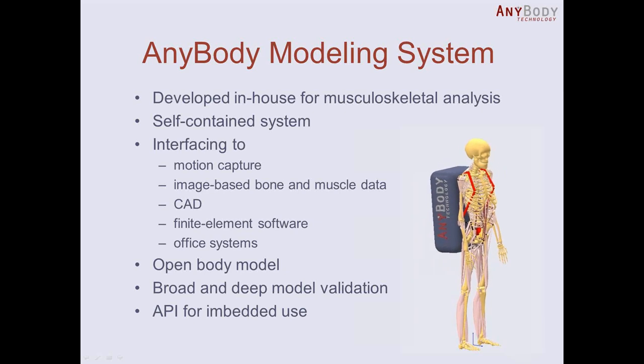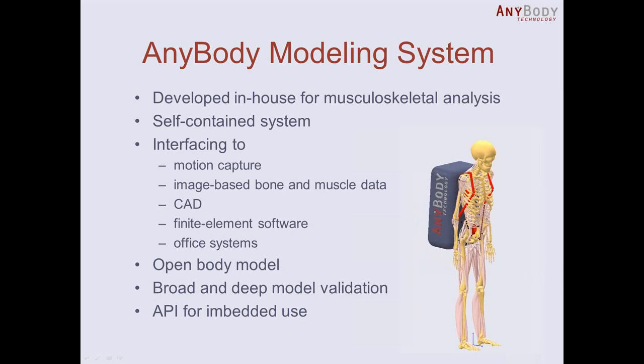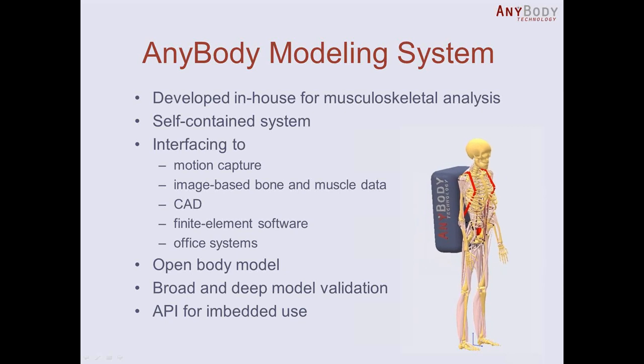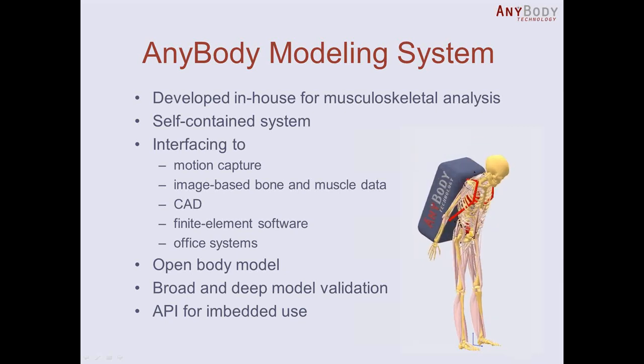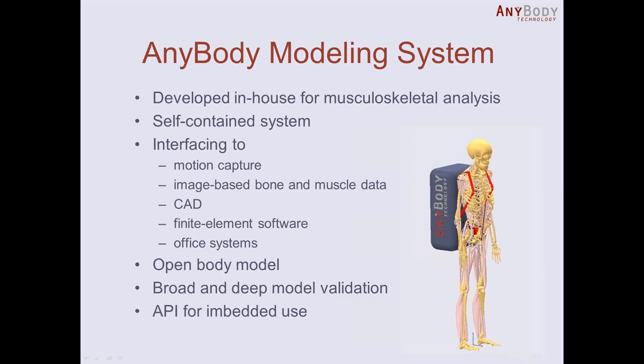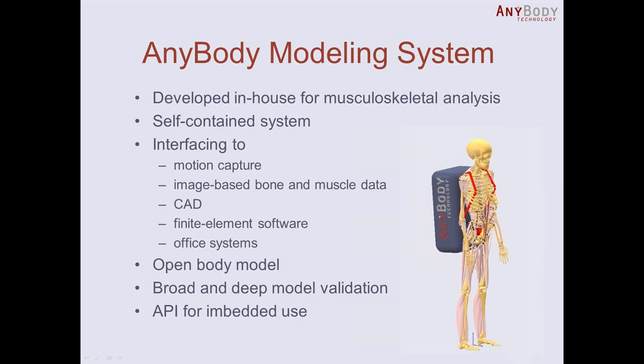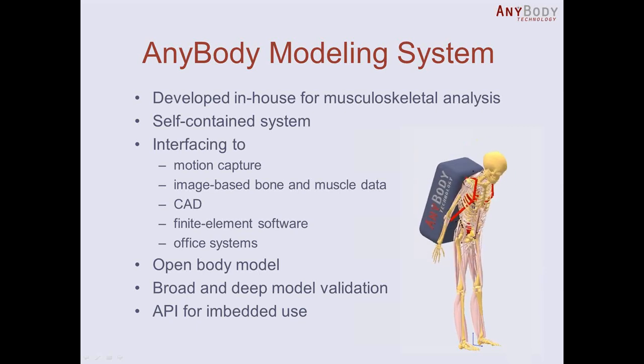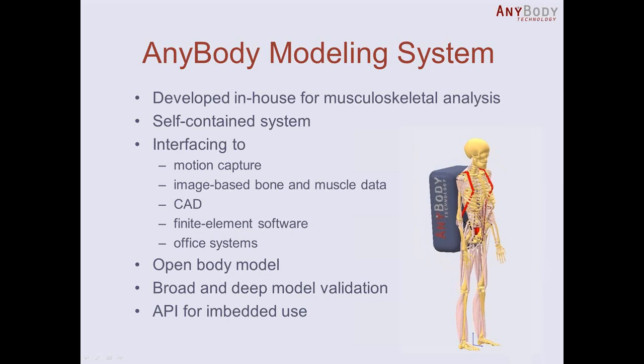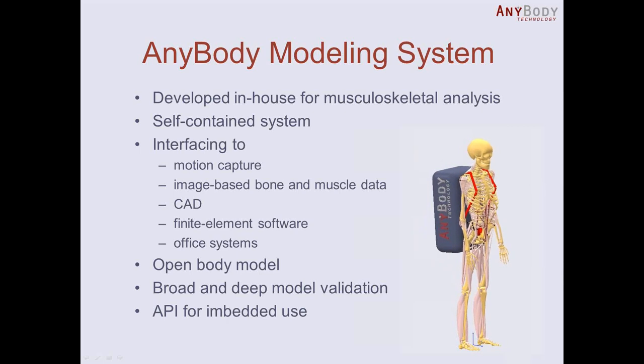The AnyBody Modeling System has an open body model. That means the body model that is used in the system is no black box. It's accessible in every detail. So if you want to adapt the body model to your specific needs, you can do that.